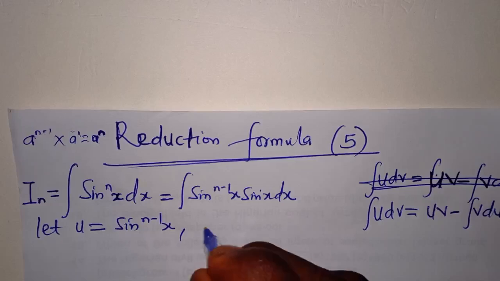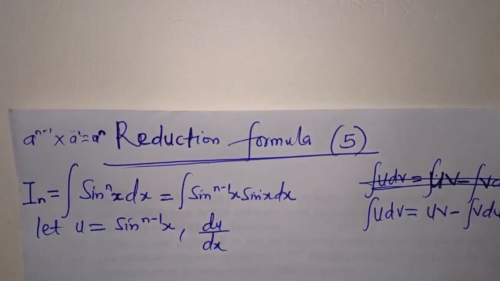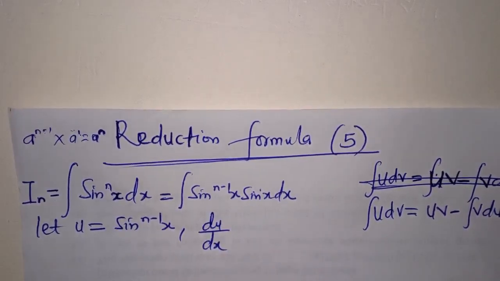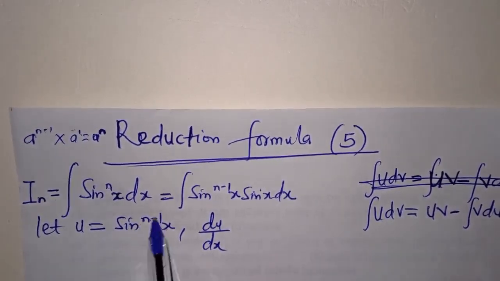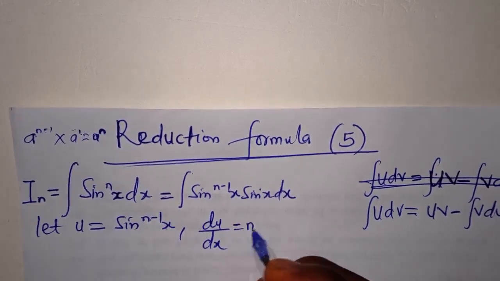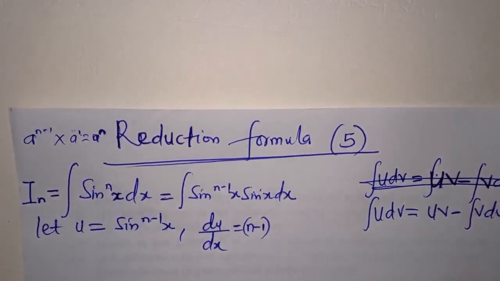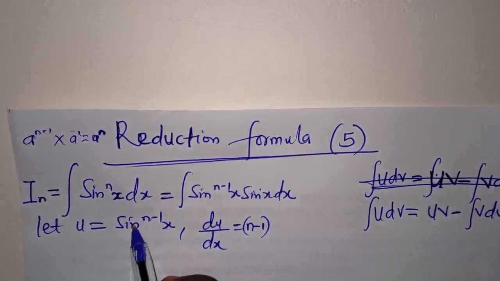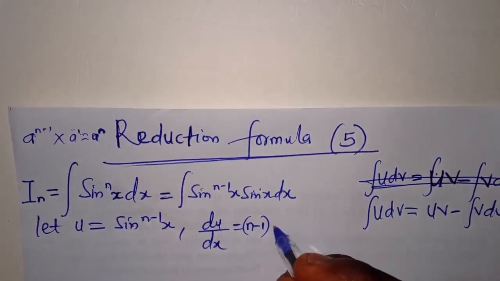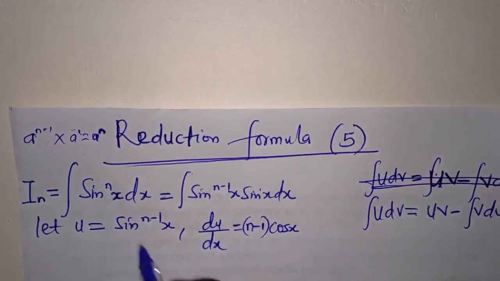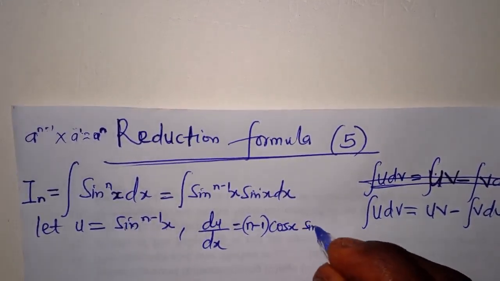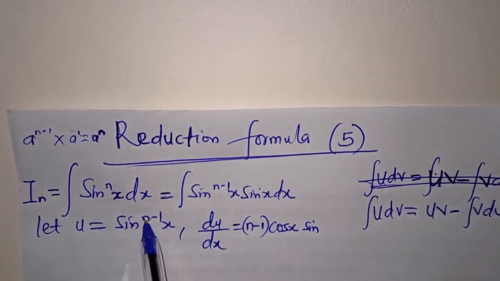How do I differentiate this? I want to use a shortcut. The power of sine x here is n minus 1. Write it down. Then, if I differentiate the sine function, I will get the cosine function. Then I'll write sine, and this n minus 1, I will subtract 1 from it.